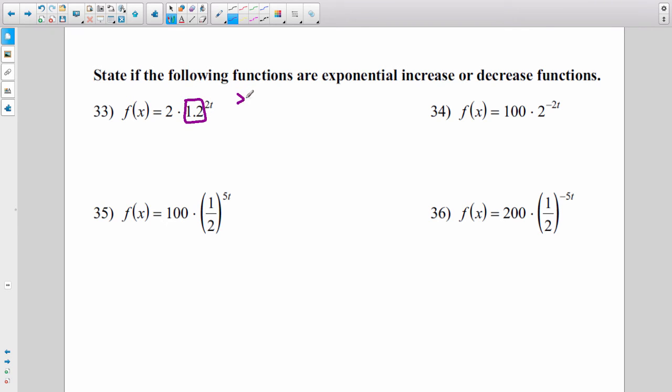If that's greater than 1, you are increasing, generally speaking. If the value attached to the exponent is less than 1, you are generally decreasing.